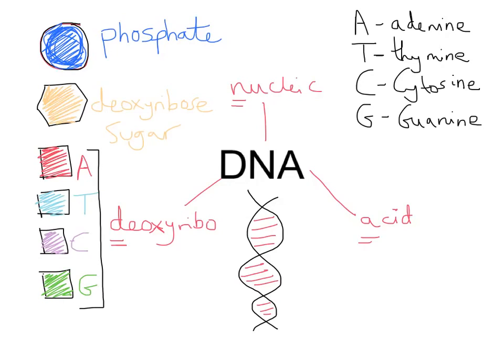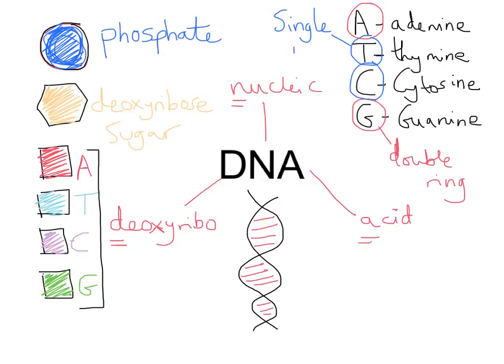So they have a double ring shape. And T and C are what we refer to as single ring bases. So they have a single ring structure.